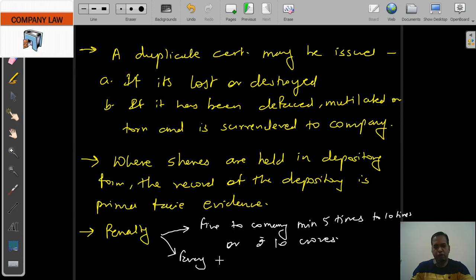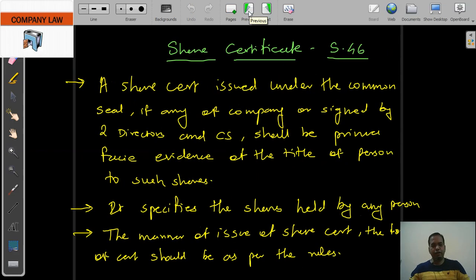Every officer under section 447. Okay, so let's try to understand the provisions relating to the share certificate.